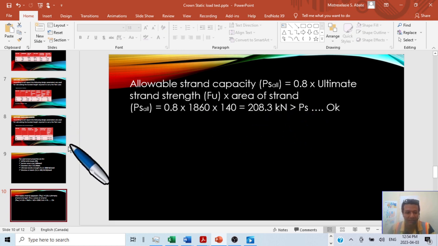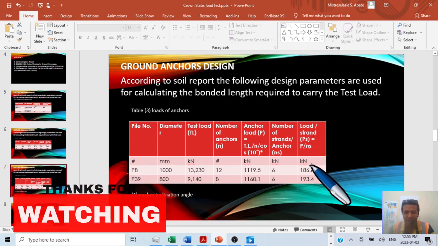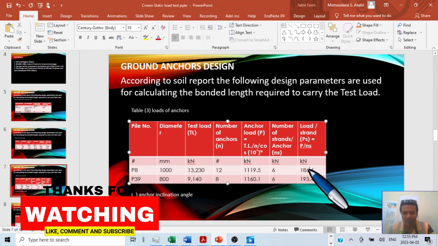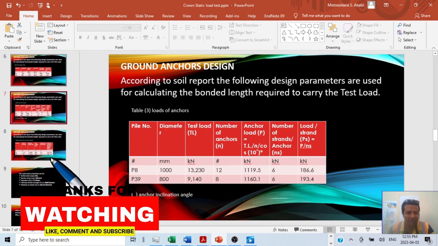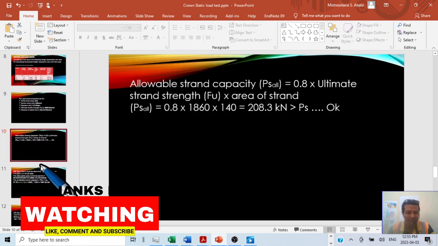This is greater than Ps. What is Ps? This is Ps, you see. Ps is equal to P over N naught. We already calculated 186.6, so we are already safe. This is greater than Ps.